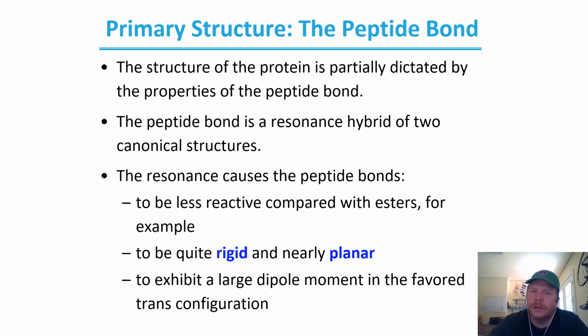The peptide bond is a resonance hybrid of 2 canonical structures. The resonance causes the peptide bonds to be less reactive compared with esters, as an example, and it causes it to be quite rigid and virtually planar. It also exhibits a large dipole moment, in favor of the trans configuration.